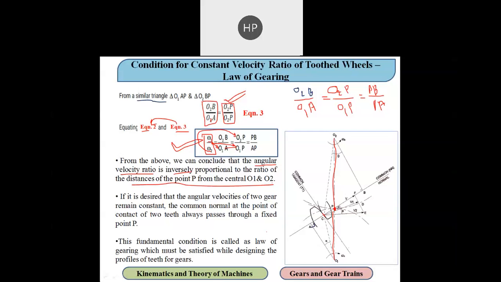Same way, if it is desired that the angular velocity of two gears remain constant, the common normal at the point of contact of two teeth always passes through the fixed point P, and this is the law of gearing. What does it mean to say?